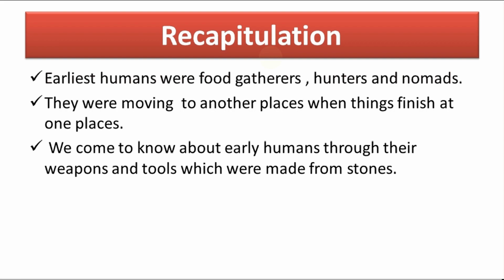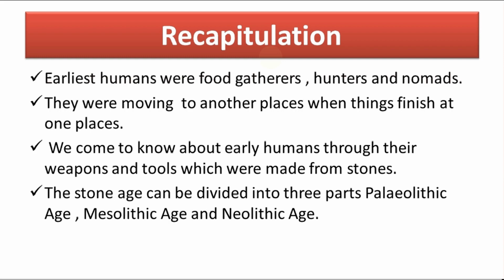We come to know about early humans through their weapons and tools which were made from stones. The Stone Age can be divided into three parts: Paleolithic Age, Mesolithic Age, and Neolithic Age.